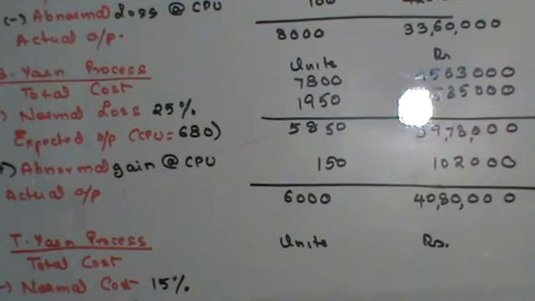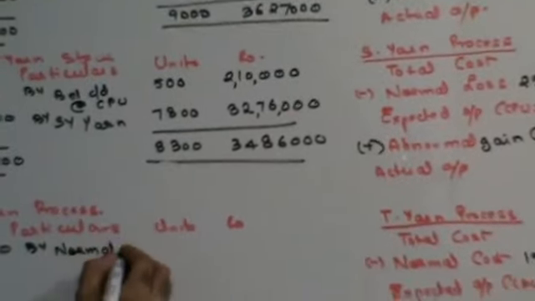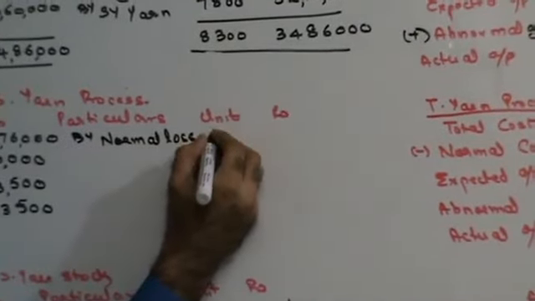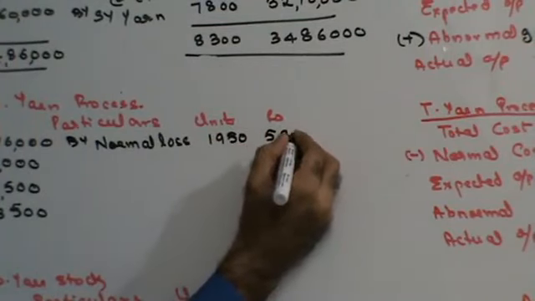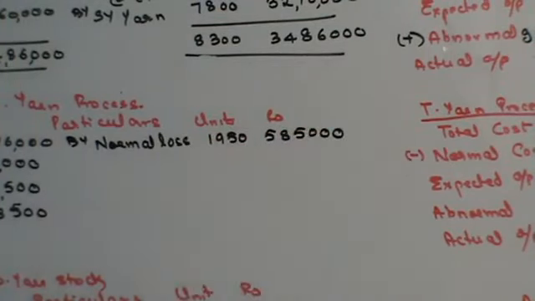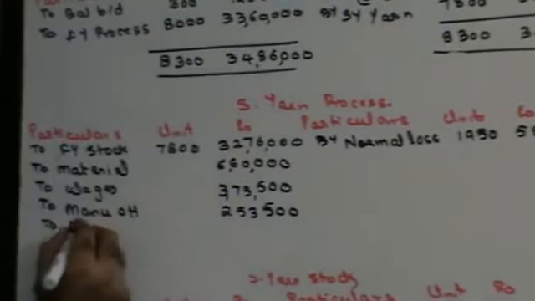So this is going to be by normal loss transfer. Normal loss is 1950 and 5,85,000, to abnormal gain.